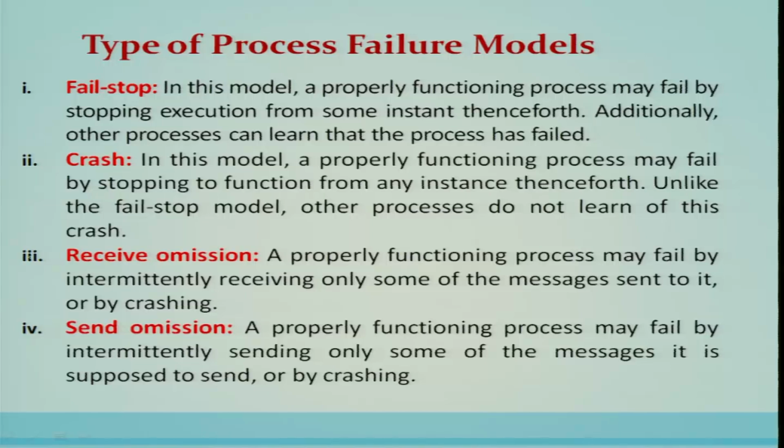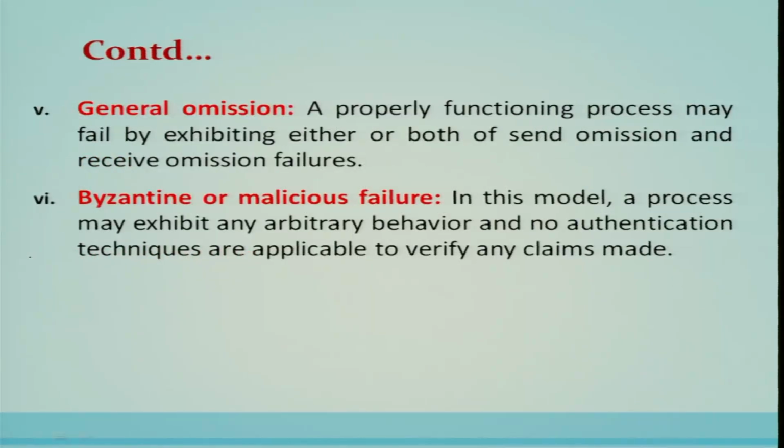Send omission. A properly functioning process may fail by intermittently sending only some of the messages it is supposed to send, or by crashing. General omission. A properly functioning process may fail by exhibiting either or both of send omission and receive omission failures. Byzantine or malicious. In this model, a process may exhibit any arbitrary behavior and no authentication techniques are applicable to verify any claims made.